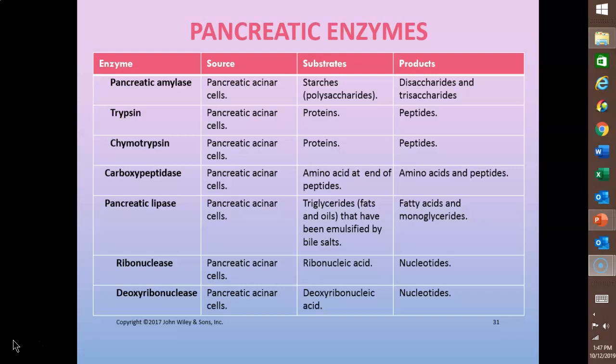It stops the action of pepsin from the stomach and creates the correct pH for the action of the digestive enzymes in the small intestine.